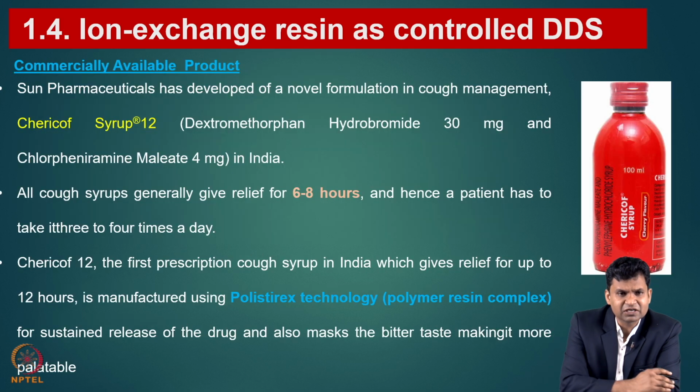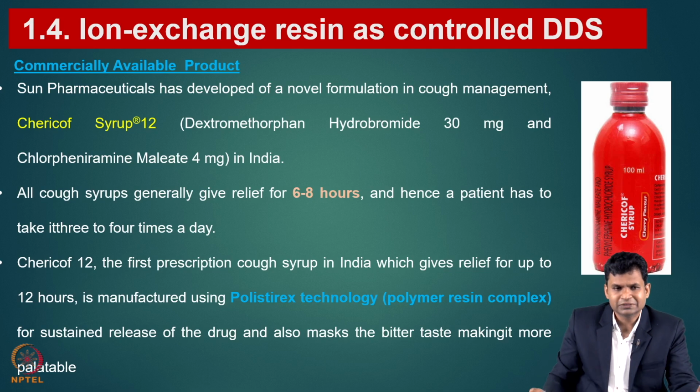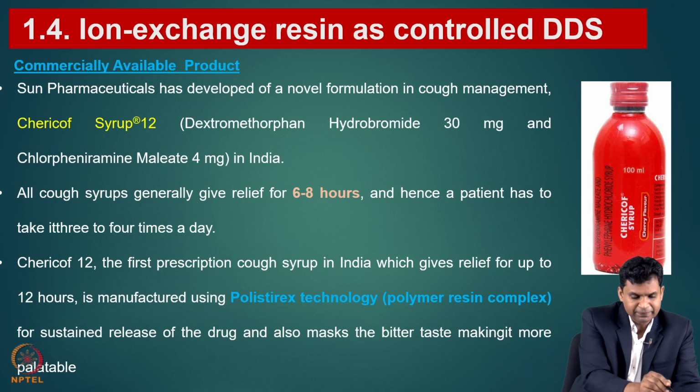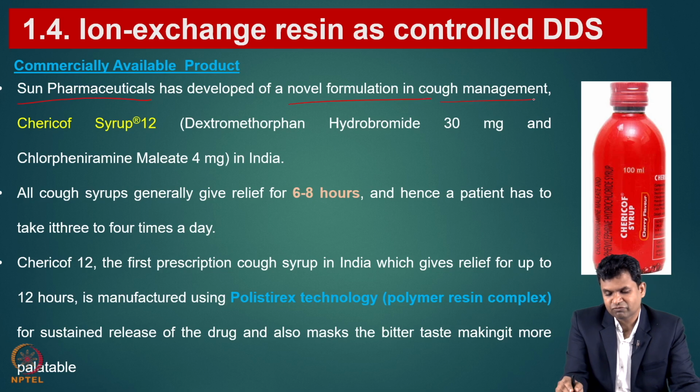Now, here is one of the commercially available products. As we know, this syrup is used for the treatment of cough. The company is Sun Pharmaceuticals. They have developed a novel formulation for cough management.